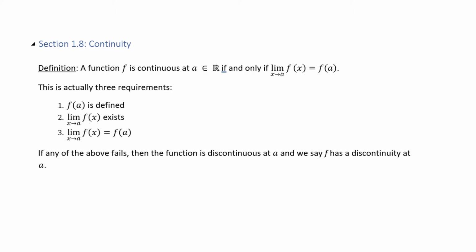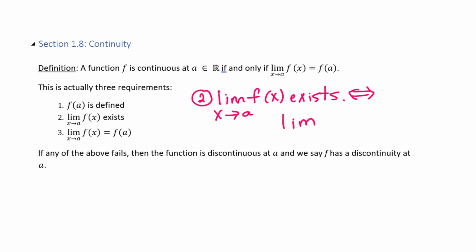Let's look at criteria number 2, and that is the limit as x approaches a of f of x exists. This means, so let's go ahead and do the double-sided arrow, which is if and only if the limit as x approaches a from the left of f of x is the same as the limit as x approaches a from the right of f of x.